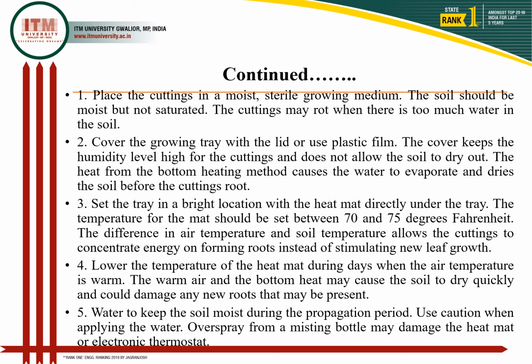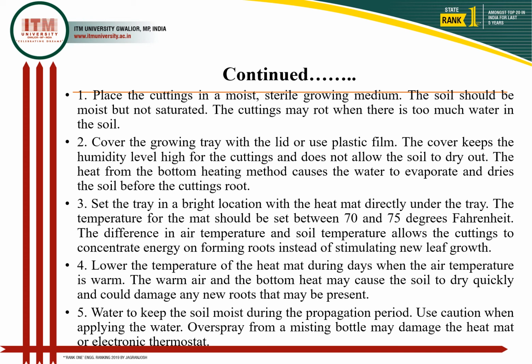There is a need for balance between the heating and providing water, as these two are important components. Even high heating through the bottom heat technique may be responsible for water loss by evaporation and drying of the soil. If the soil dries, rooting will not be possible.